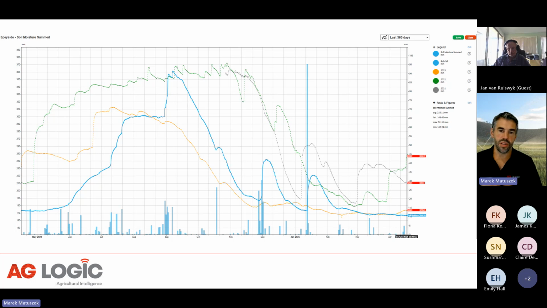This is just an example to show you that the blue line is this season, the yellow line is last season, and the green and grey lines are 2022 and 2021, our maximum and minimum soil moisture. Looking at this shows there's no such thing as a normal season, I think.